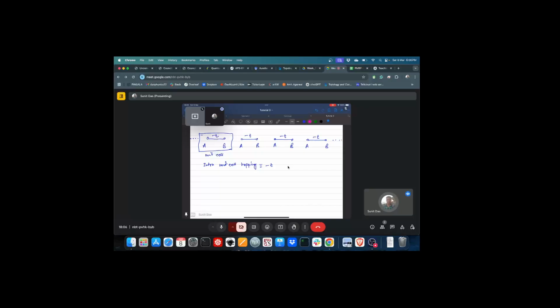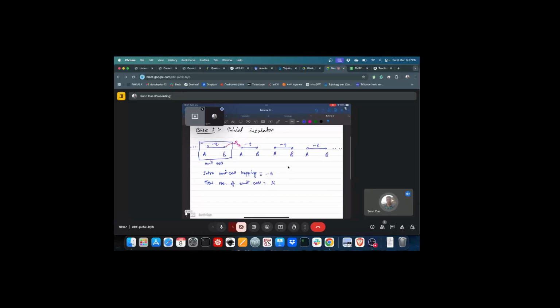So there is no hopping of this kind, and this is periodic. There are n such unit cells, so the total number of unit cells is equal to n. Now these are just models, okay.